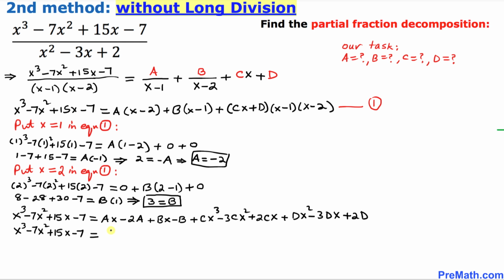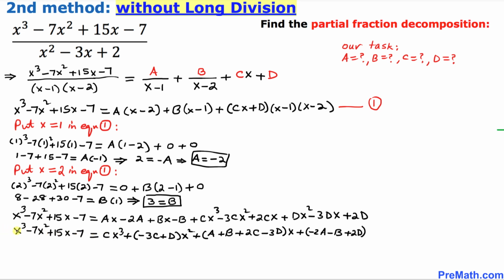So first is going to be cx power 3, then for x squared it is going to be plus in parentheses negative 3c plus d times x squared, and then plus, there are a bunch of x's, so that's going to be a plus b plus 2c minus 3d times x, and finally plus minus 2a minus b plus 2d.